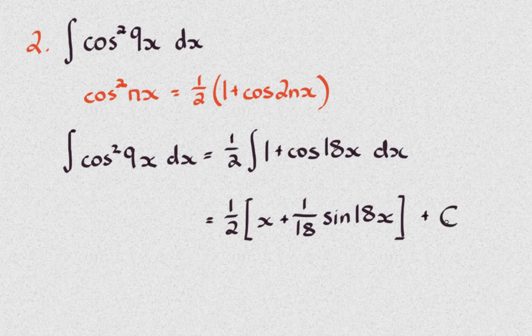Because this is indefinite, don't forget the plus c. And if we wanted to expand this 1/2, we get half x plus 1 on 36 times sine of 18x. But leaving it in this factorized form is obviously fine as well.